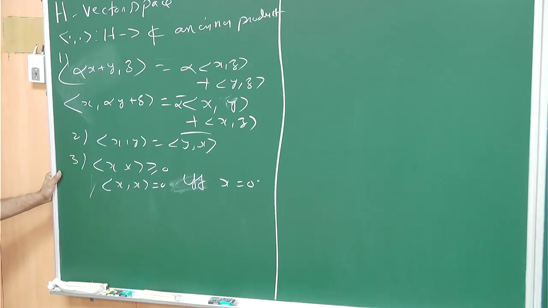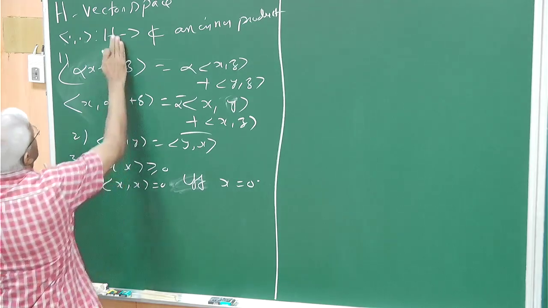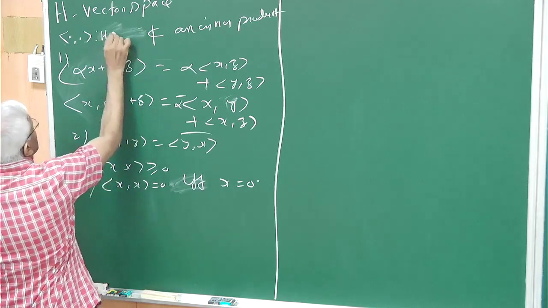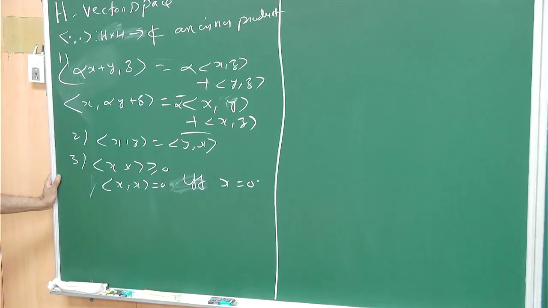Anything I missed? I think that's all. So it's linear in the first variable, antilinear in the second variable. It satisfies this condition and its positivity condition. And I think that's all.